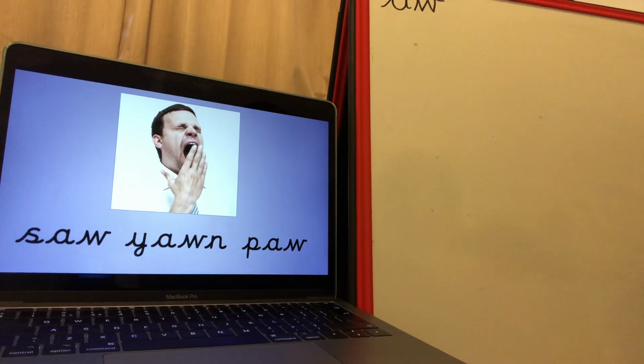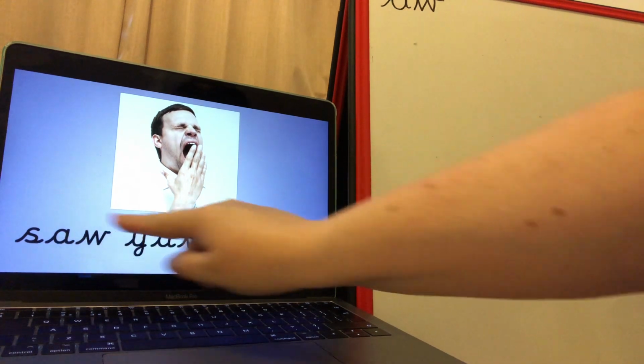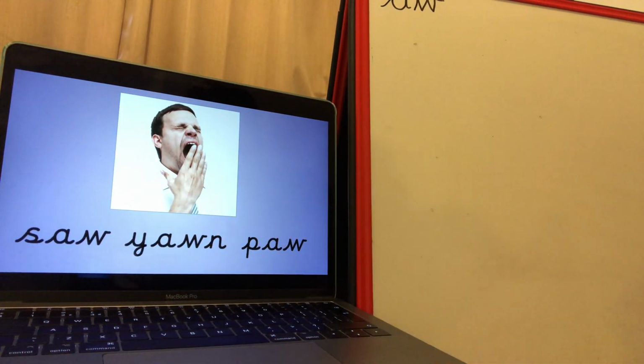Okay, our next job is there's a picture and you need to read all three of these words at the bottom, but only write the one that goes with the picture on your board. If you need to write these down to zip and button them in order to work them out, you can, but by the end of the task, you only need to have the one word that goes with the picture on your board.